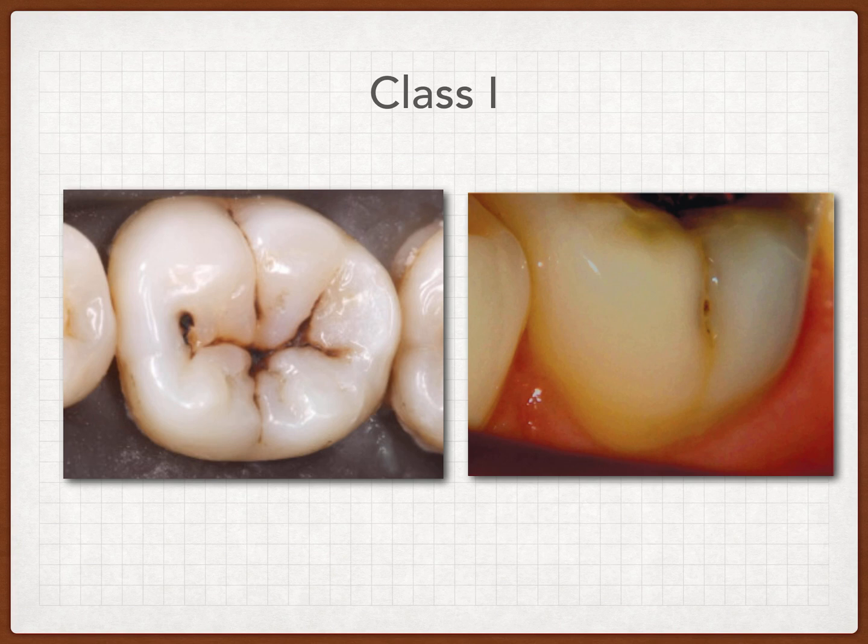Class 1 dental caries is the caries affecting the pits and fissures only in the occlusal, lingual, and buccal surfaces, including the buccal pits, of course, and the caries of the fissures of the lingual surface of anterior teeth, so that any occlusal surface of a posterior tooth or a buccal or a lingual surface of a posterior tooth or an anterior tooth affected by caries, that caries will be classified as a class 1 caries.